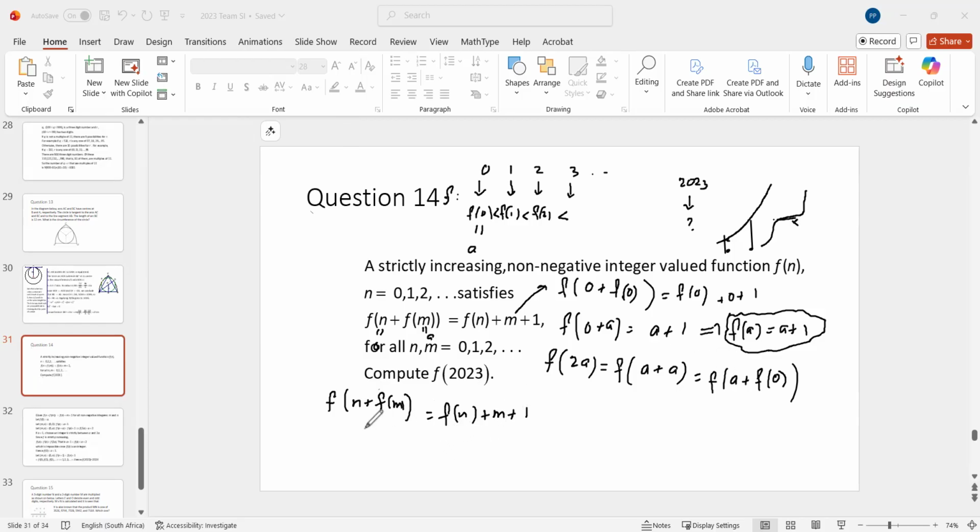Now I've got a plus f(0). See? And I've got f of that. So a is equal to n and m is equal to 0. So this becomes a, and m is 0.